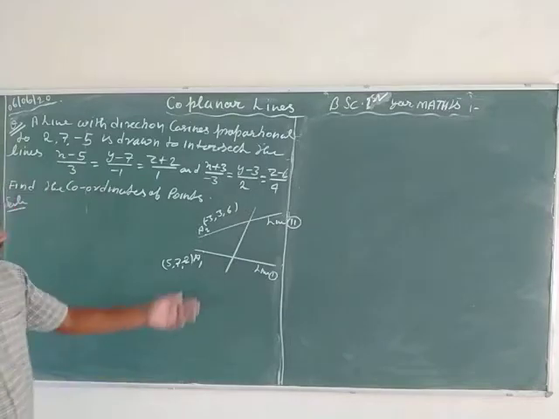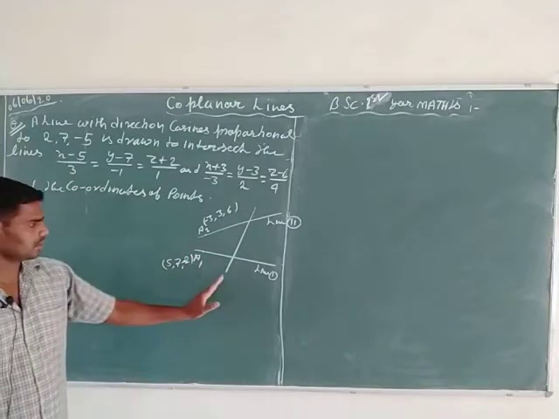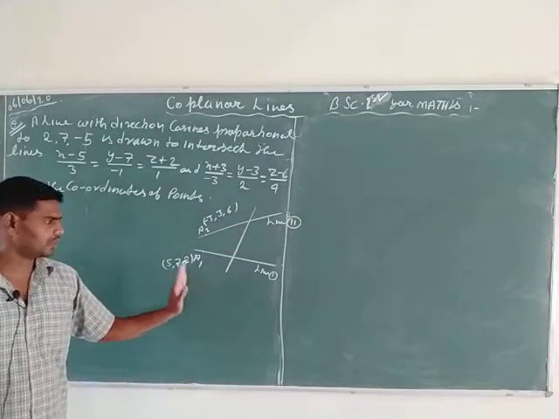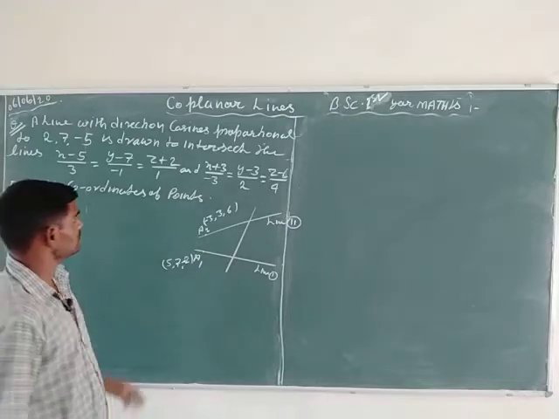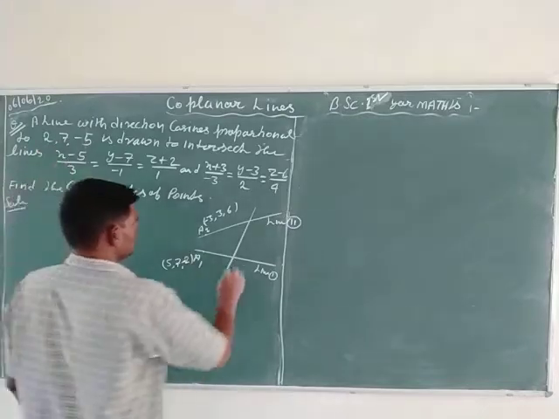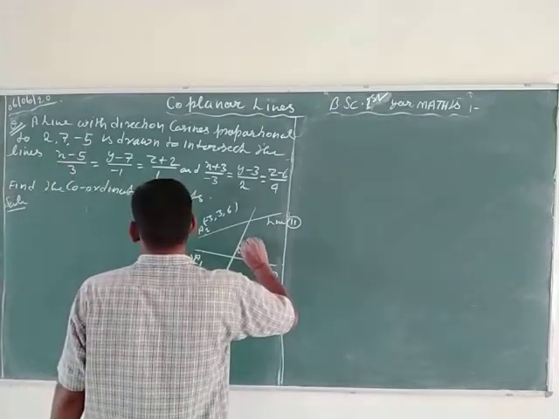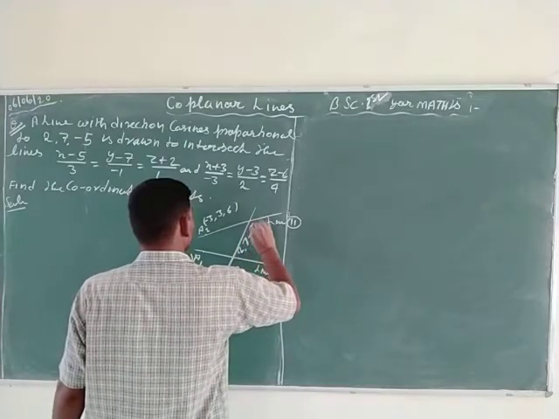And the direction ratios of the third line, which intersects the given first and second lines, are 2, 7, -5.